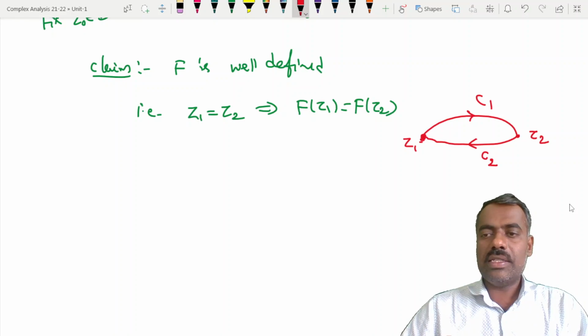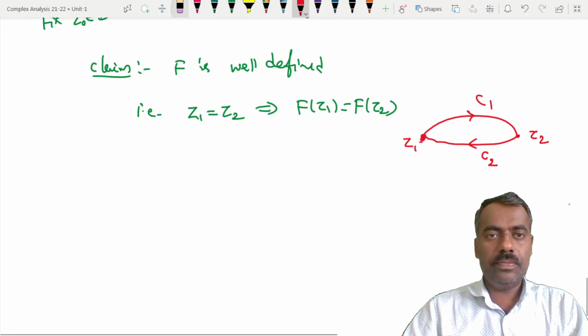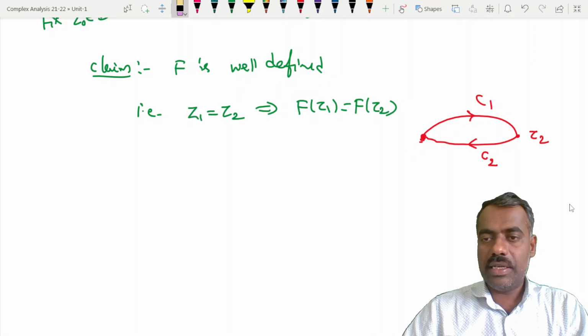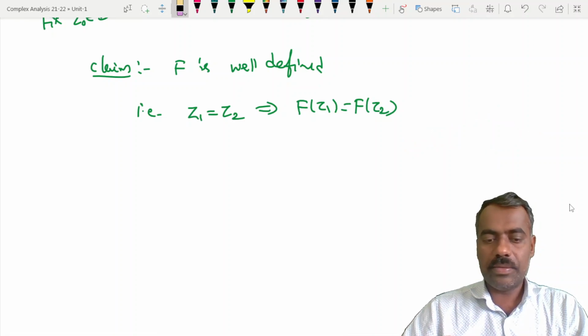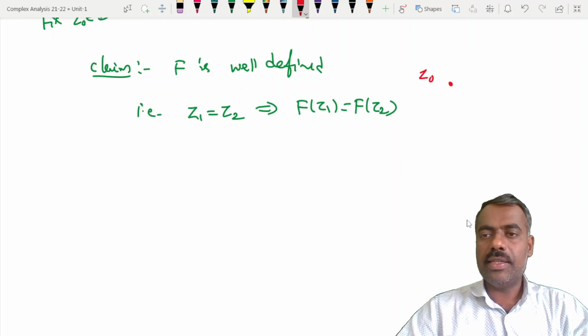Remember, here Z1 and Z2 are the same, so we cannot write it like this. How can we take it? Z0 is already there, and Z1 we know is the same as Z2.